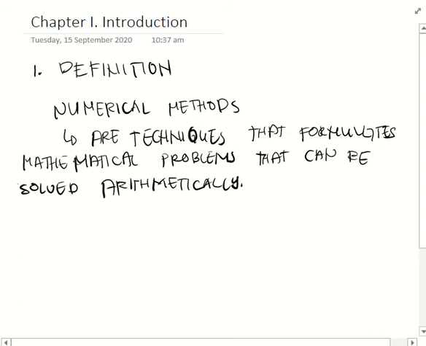This is the main goal of numerical methods. So these are techniques to solve engineering problems.